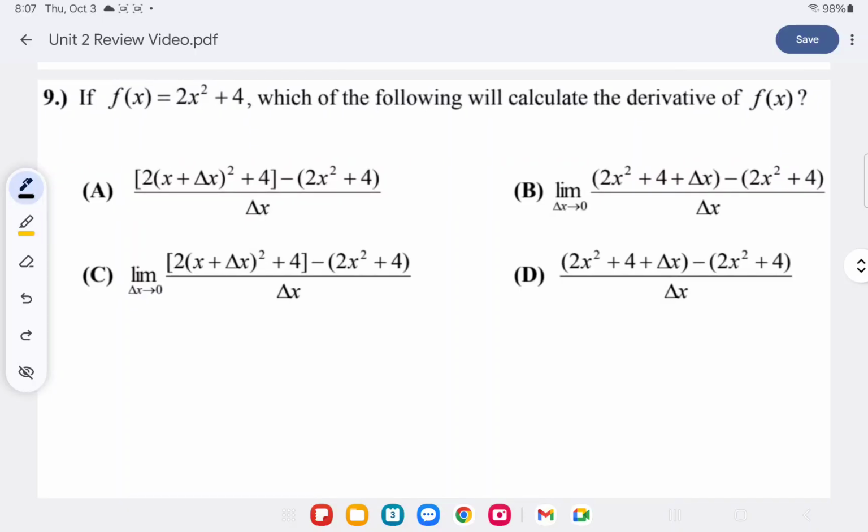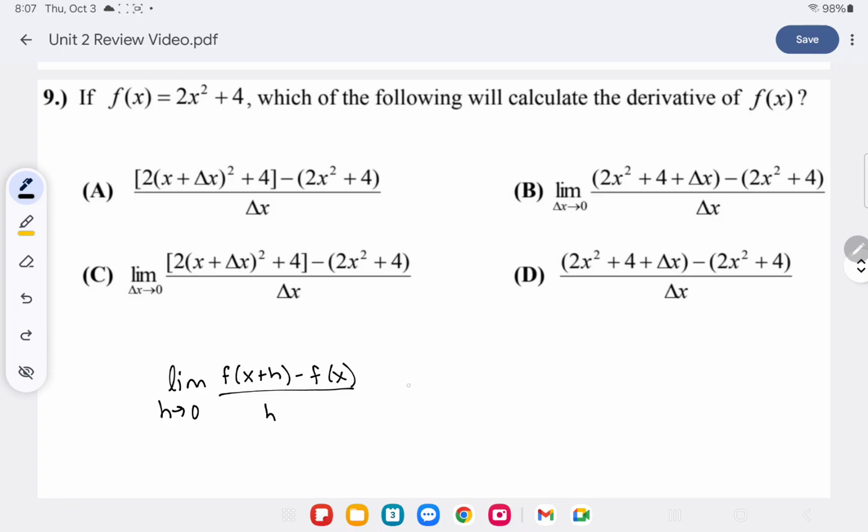For this one, we need to know the derivative definition in order to know which one of these match. And there's a few different definitions that we've done. The one that we've used the most is the limit as h approaches 0 of f of x plus h minus f of x all over x plus h minus x, which ends up just being the h, right?